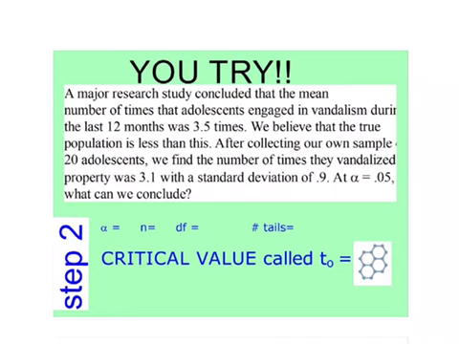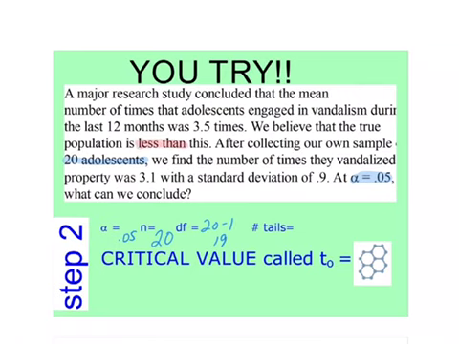Picking out the pertinent information, I see that alpha is 0.05, N is 20 adolescents, which means our degree of freedom is 19, and I see the wording less than.